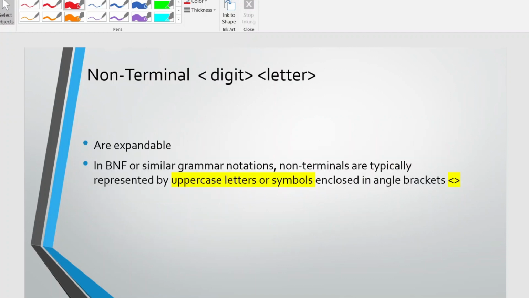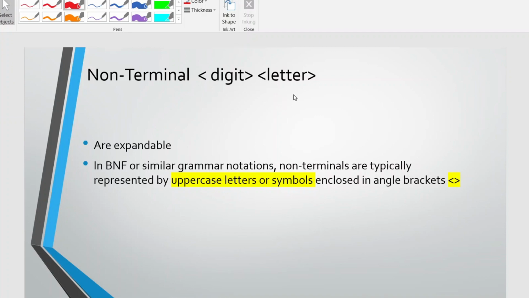And the non-terminal symbols are expandable. For example, I can write digit or letter, and then further explain what the digits are. Like digit can be 0 till 9. And similarly, letter I can define as a capital letter or a small letter.